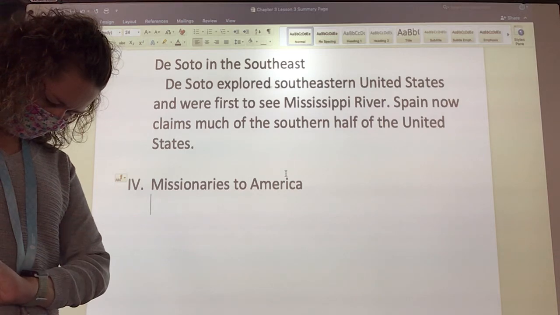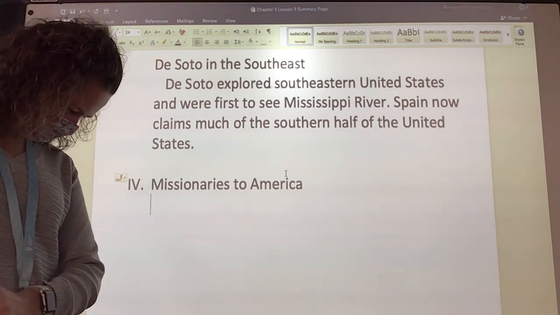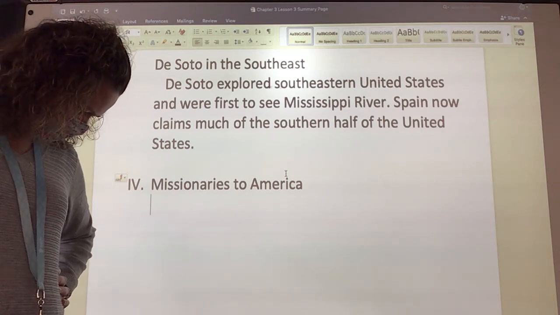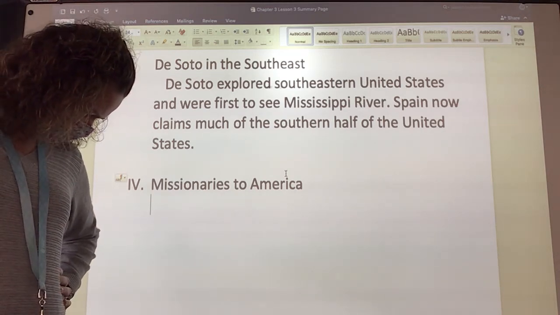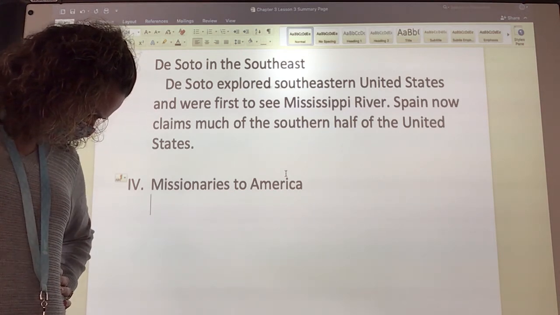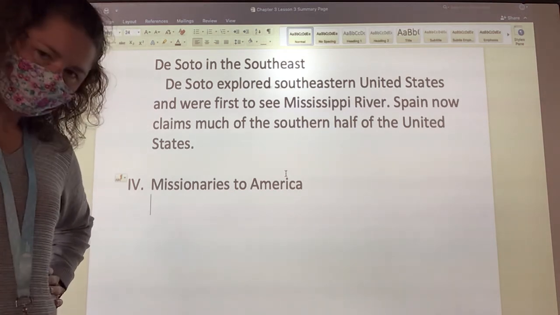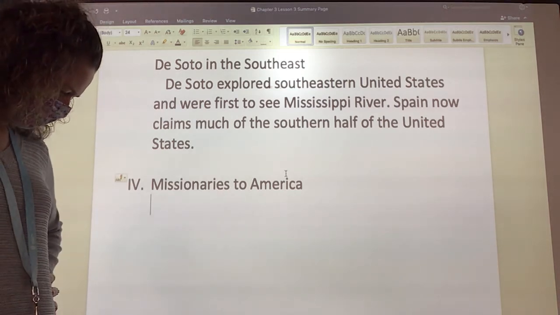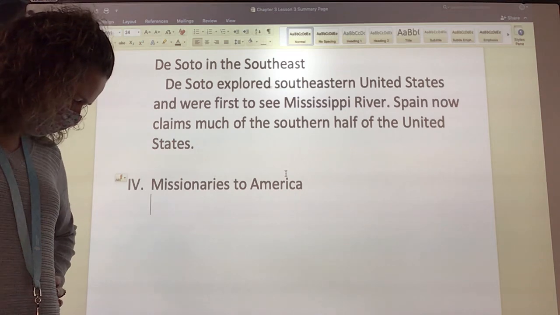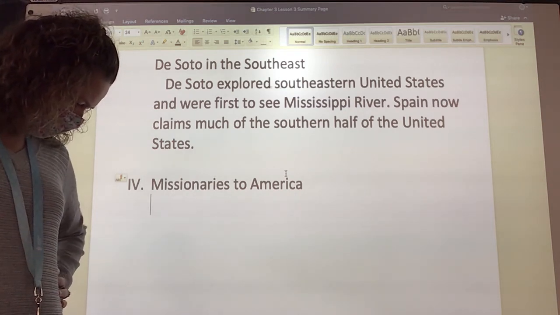Church leaders wanted to gain new followers. It was not until later that missionaries actually started teaching them about Catholic beliefs.